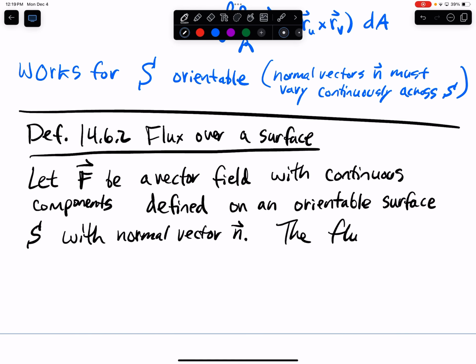The flux of F across S is the double integral over S of F dot n dS.